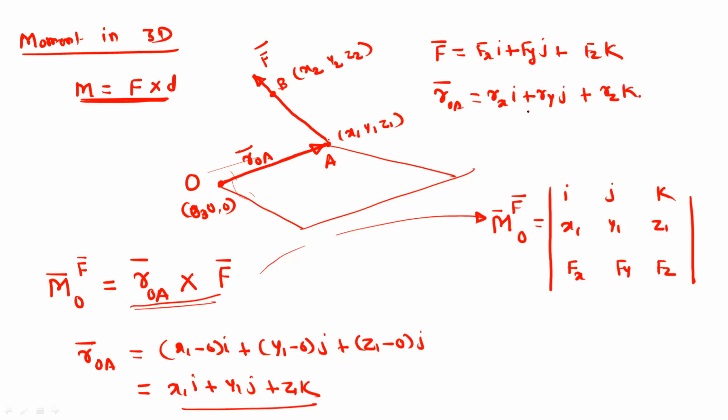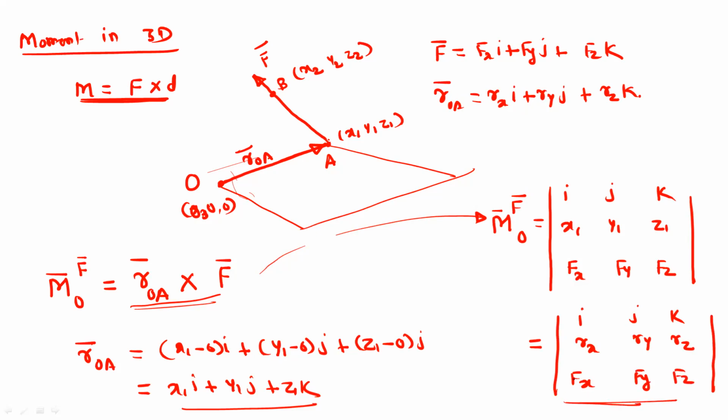So we can write i, j, k, then rx, ry, and rz, and then fx, fy, and fz. By using this determinant we can get the value of the moment. So moment will have the vector form.